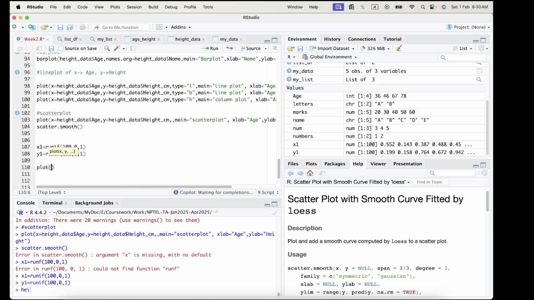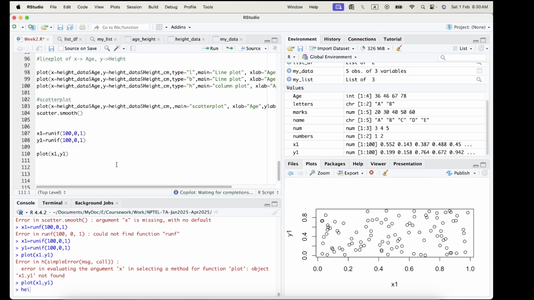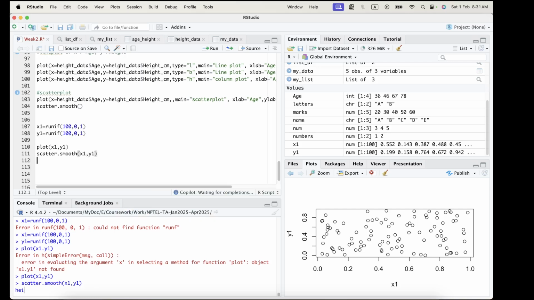If I just write plot x1, y1, it's going to give me a scatter plot. If I write scatter.smooth x1, y1, it's going to give me this.